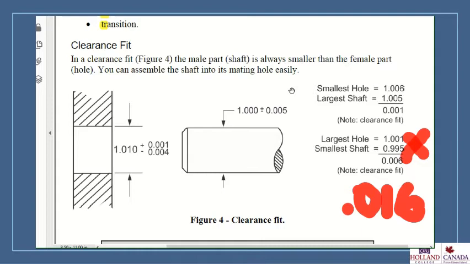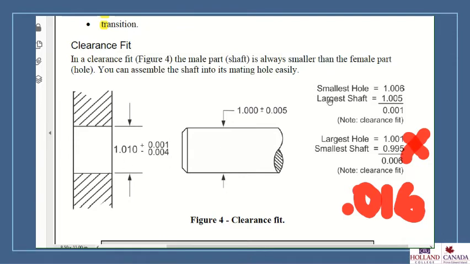In this case, I'm going to get you to ignore this section at the bottom with the 1.001 and 0.995 for now. We'll touch on that in a minute. Let's look at this hole size first. The smallest this hole can be is 1.010 minus 0.004. So the smallest the hole can be is 1.006.